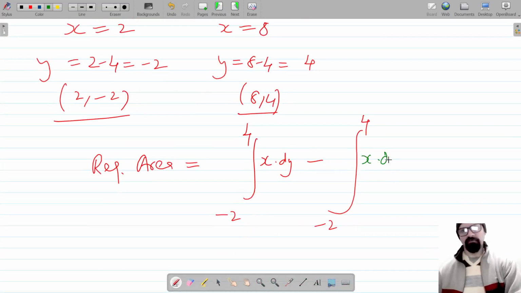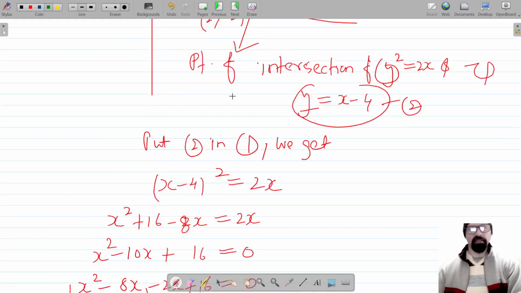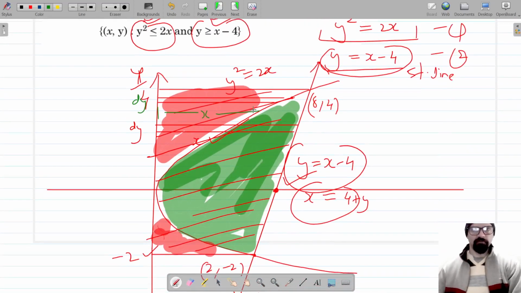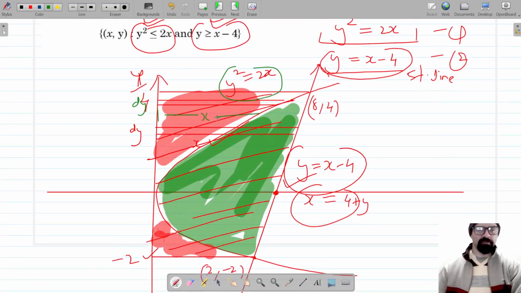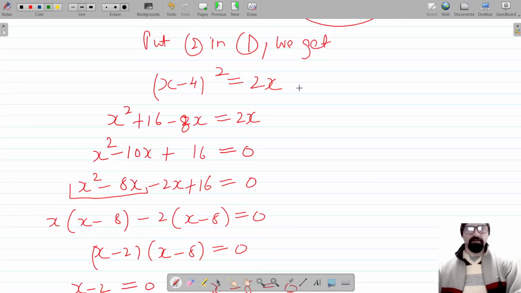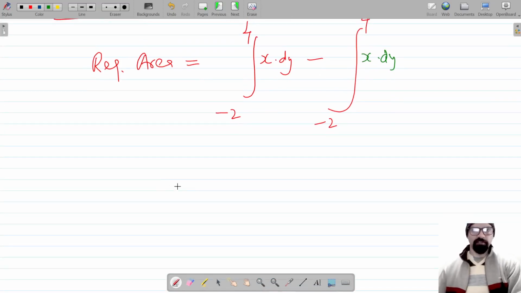And from where do we get the value of x? We get the value of x from the equation of the parabola, because this region is lying under the parabola. So x will be y squared by 2. Okay, let's replace the values here.